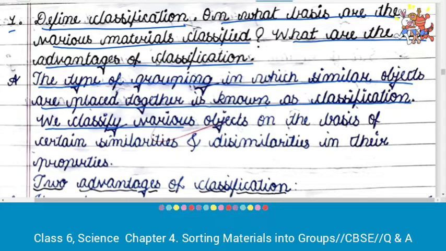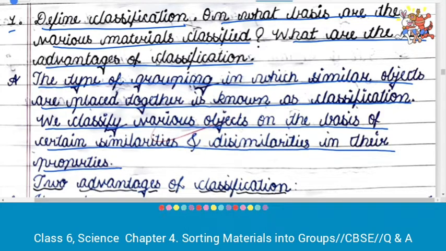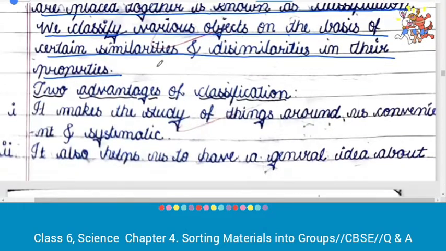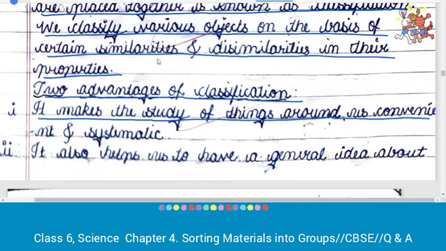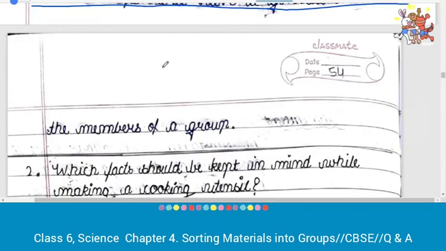We classify various objects on the basis of certain similarities and dissimilarities in their properties. Two advantages of classification: it makes the study of things around us convenient and systematic. It also helps us to have a general idea about the members of a group.